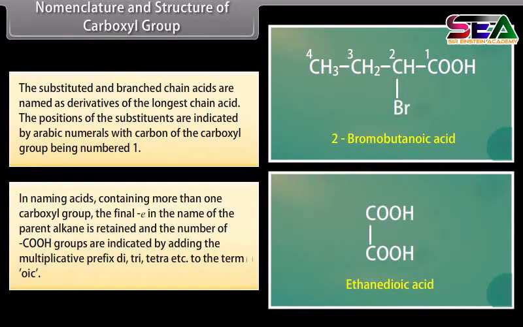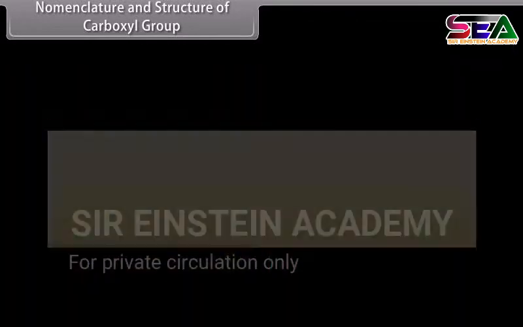In naming acids containing more than one carboxyl group, the final e in the name of the parent alkane is retained and the number of carboxyl groups is indicated by adding the multiplicative prefix di, tri, tetra, etc. to the term -oic.